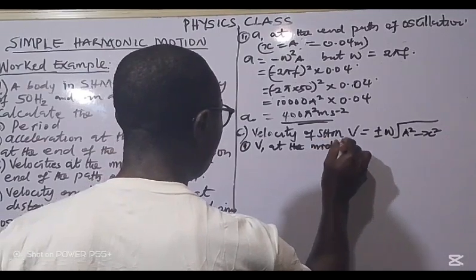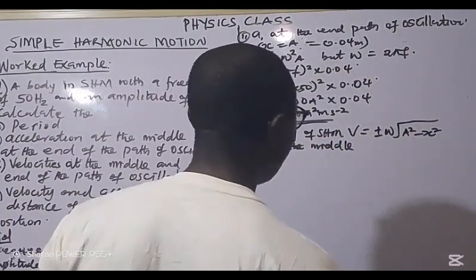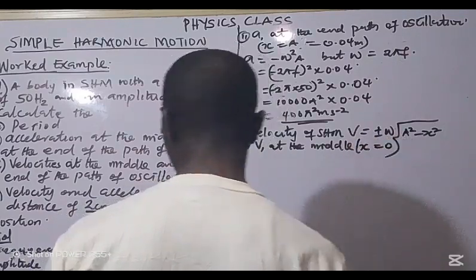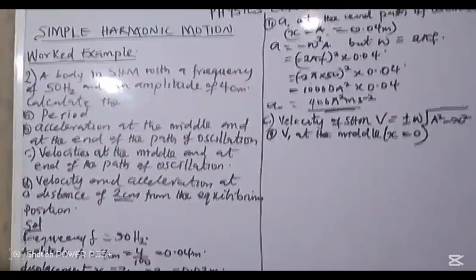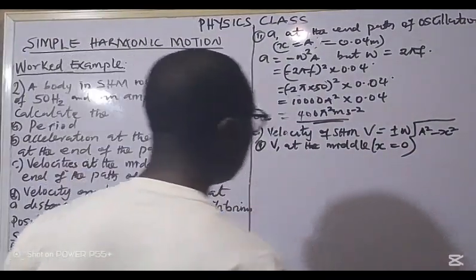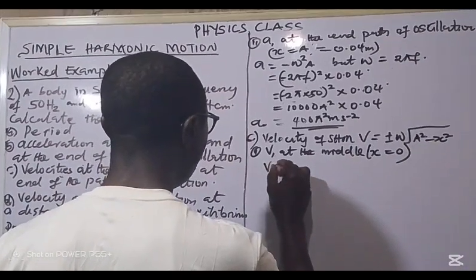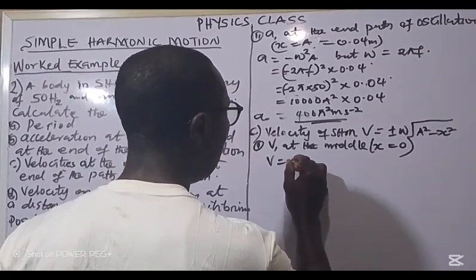Don't forget what we have said under theory: at the middle, x must be equal to 0. Now, if x is equal to 0, then we are left with v equal to omega a.